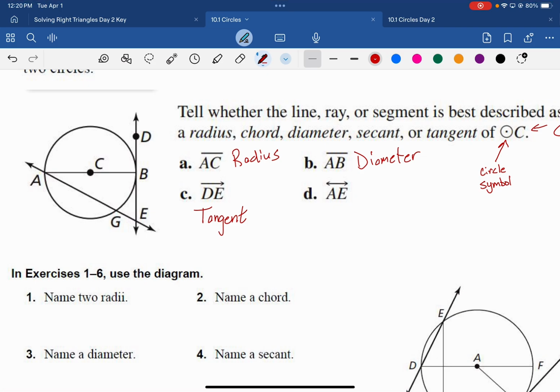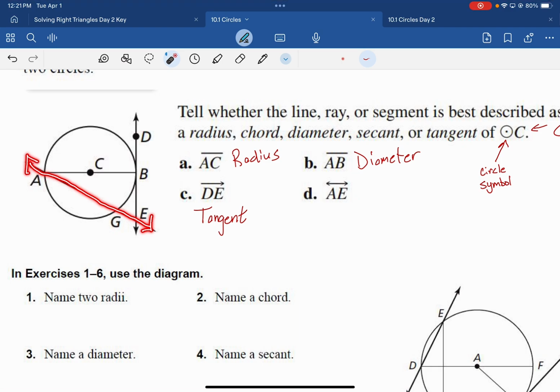And then the last one. AE. What's that symbol above AE tell me it is? It's a line. And a line goes on to infinity in how many directions? Both of them, right? In two directions. So AE. So that's A goes through A, through E, like that, right?